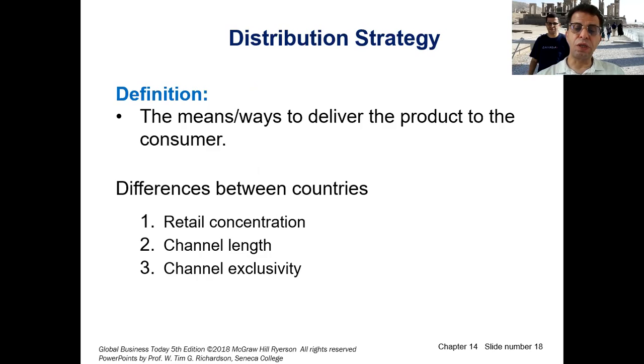The other thing that we need to look at is distribution and its strategy. The definition is the means, the ways to deliver the product to the consumer. That's the distribution. Now, between countries, there is a difference in the retail concentration. There may be different distribution channels and channel exclusivities.